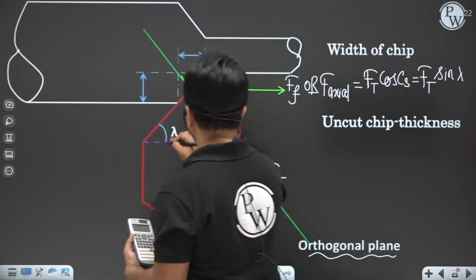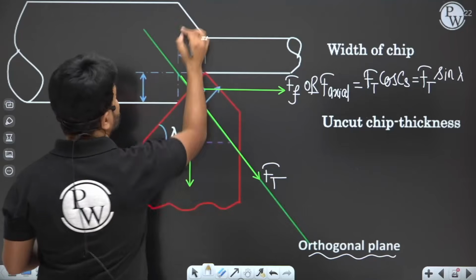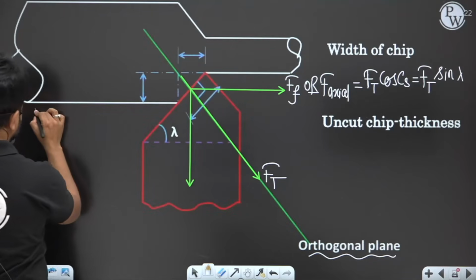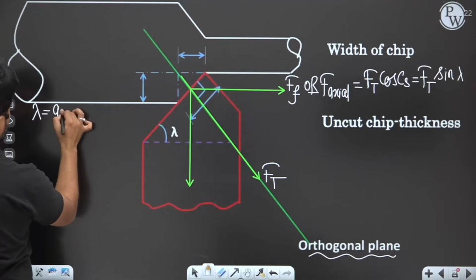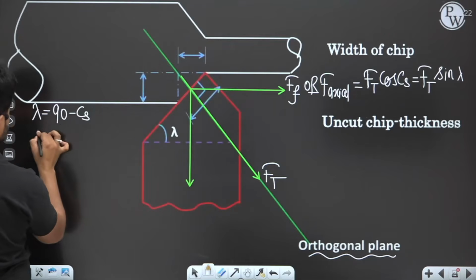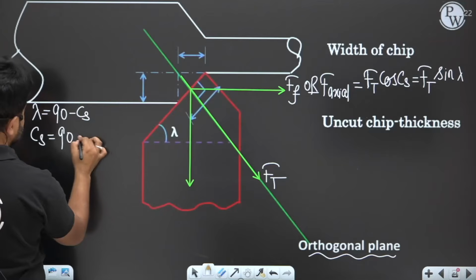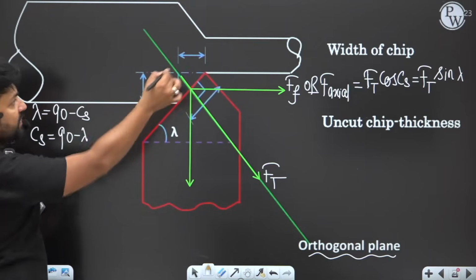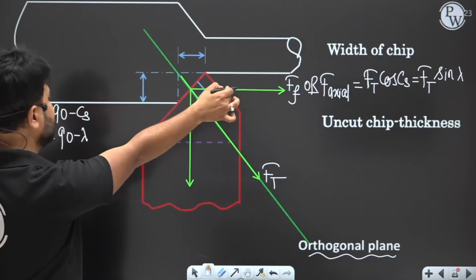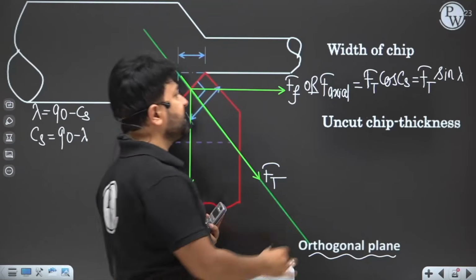Lambda is the approach angle. You know that lambda equals 90 minus Cs, so Cs equals 90 minus lambda. If you replace Cs, it becomes sin lambda.